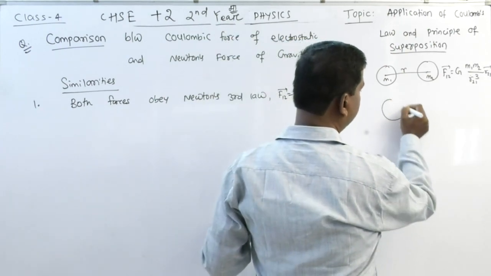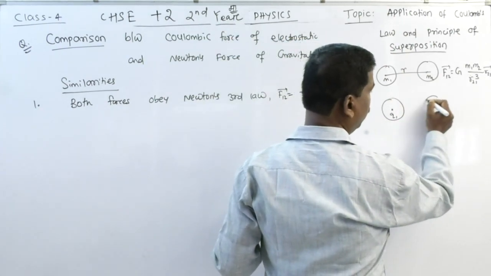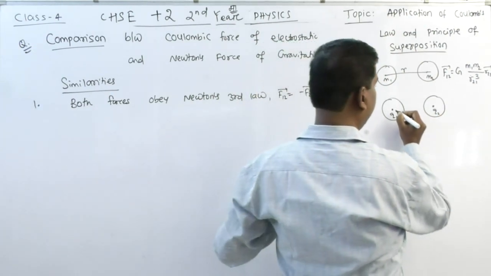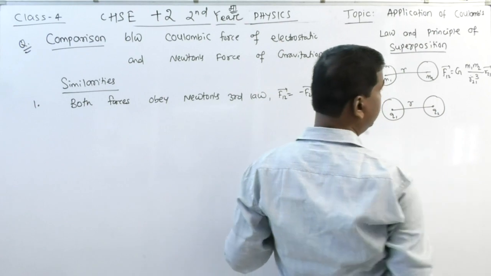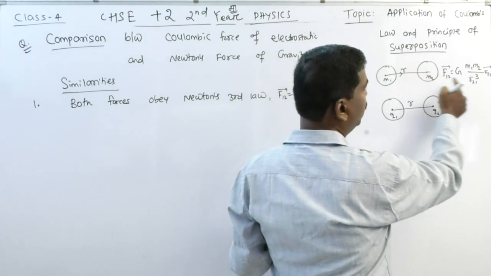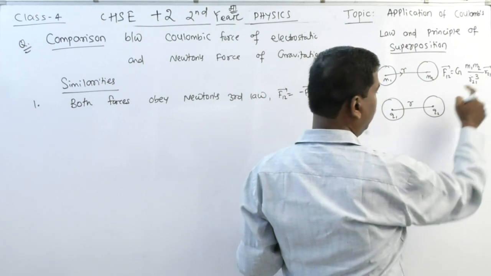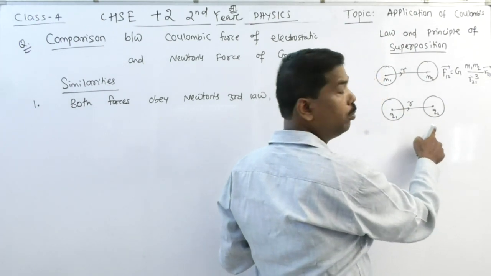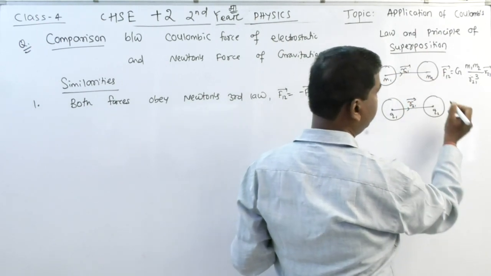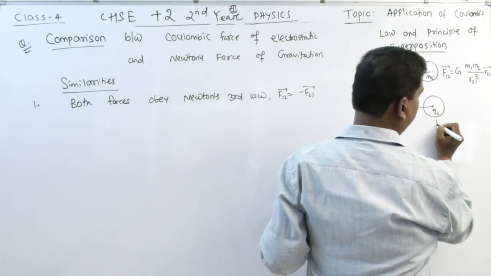Similarly, in case of charge, if this is charge q1 and this is charge q2, and this is r, whenever we are moving from 1 to 2, the displacement vector is r21 vector. Similarly in the gravitational case also.